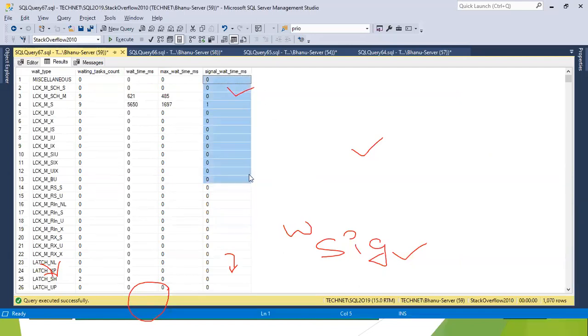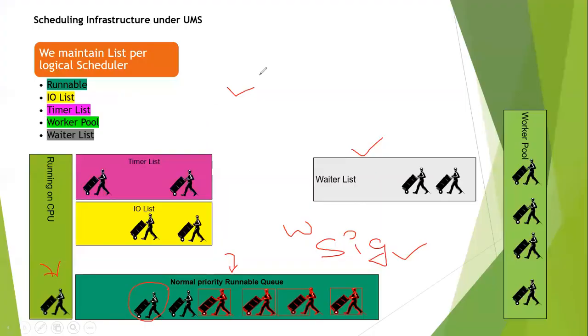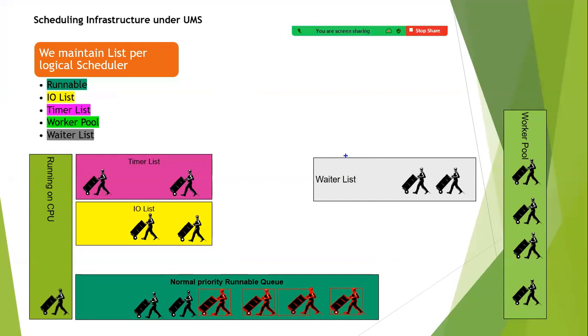What if there is a lock? Let's say there is locking on one of the resources. Which area is applicable for that? Will it be on the running one, right? If there is locking or blocking, what's going to happen to that?